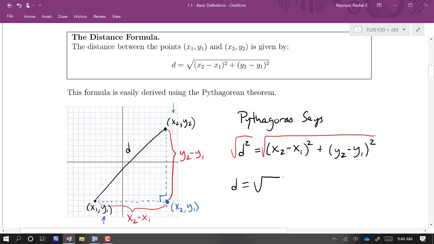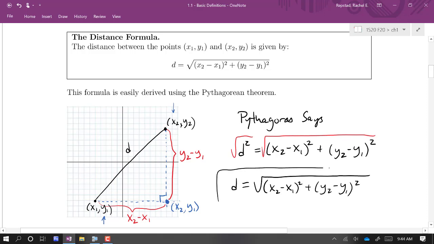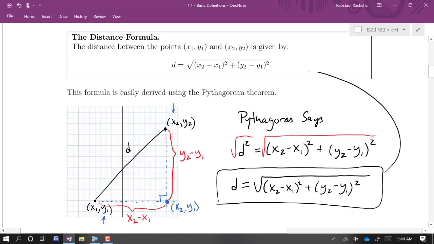So d is the square root of (x2 minus x1) squared plus (y2 minus y1) squared, which is the formula that we see up here. We're being really careful here. It might be tempting to cancel out the radical with the squares, but of course we cannot split up a radical over addition. So that's as simple as the formula gets.